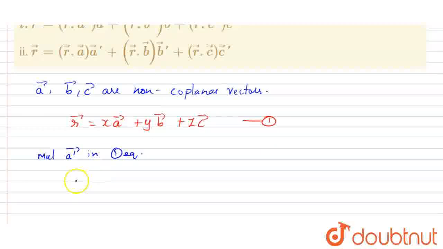Okay, students, so the value equals R vector dot A dash vector, which is equal to x into A vector dot A dash vector plus y into B vector dot A dash vector plus z into C vector dot A dash vector. So this is what we will get here.